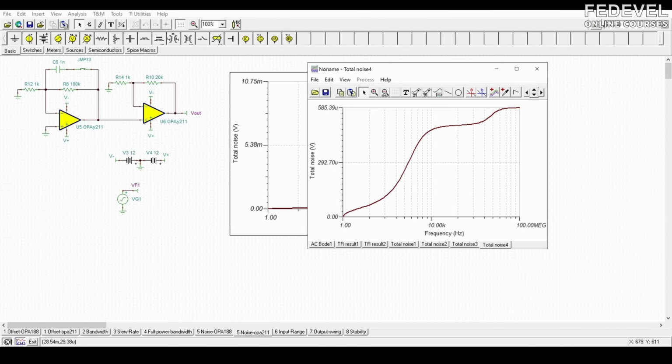Basically, this capacitor is in parallel with this resistor, the feedback resistor. If you think of a capacitor at high frequency, it acts like a short. And so if we short out that resistor, the gain of this circuit, which is RF divided by R1, or in this case R8 divided by R12, will change for higher frequencies. It's going to drop.